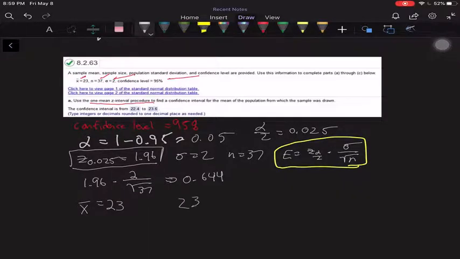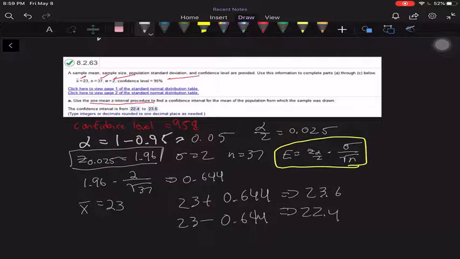So we have 23 plus 0.644 and 23 minus 0.644. That gets us roughly 23.6 and 22.4. And this lets us say that the confidence interval is from 22.4 to 23.6.